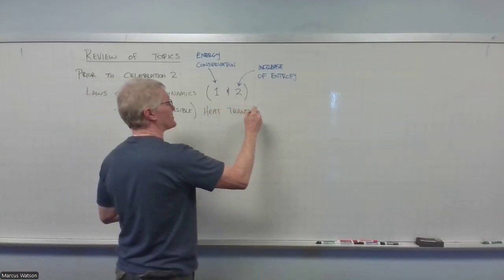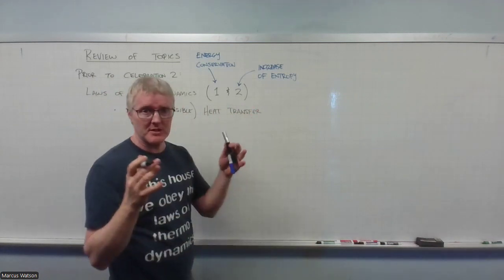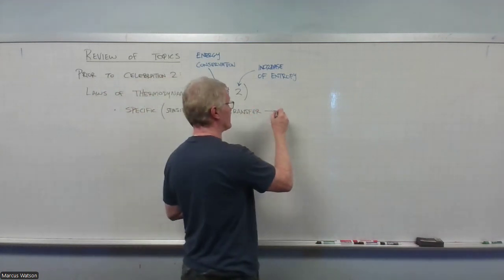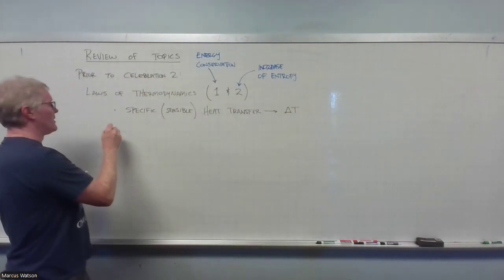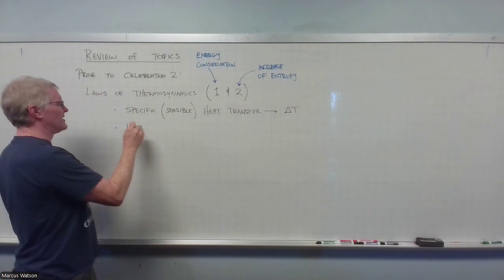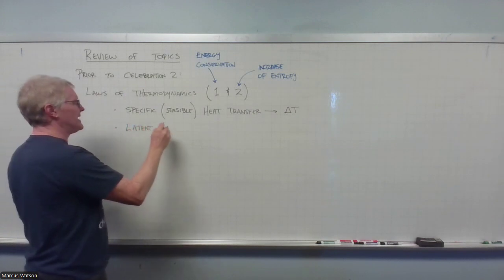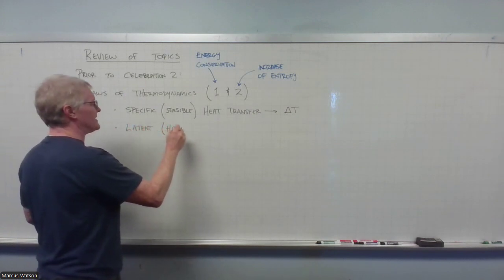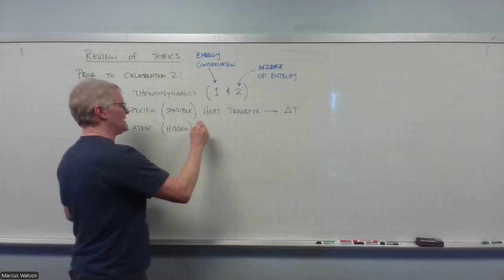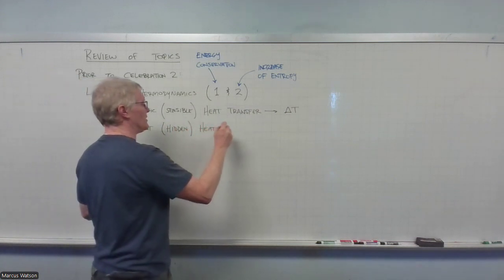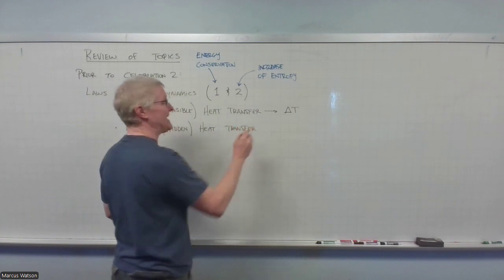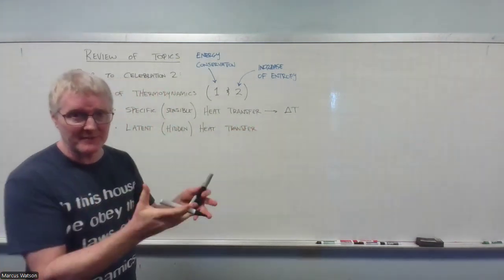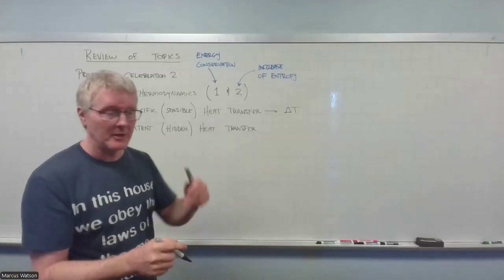Which is the one that results in a change in the temperature of the material. Or it turns into a latent, which means hidden, heat transfer, which results in no temperature change, and that's why we call it hidden, because you cannot see the effects of the heat transfer on a thermometer.